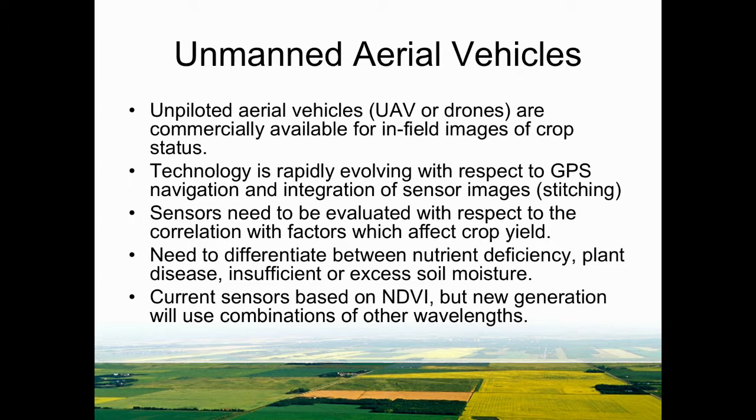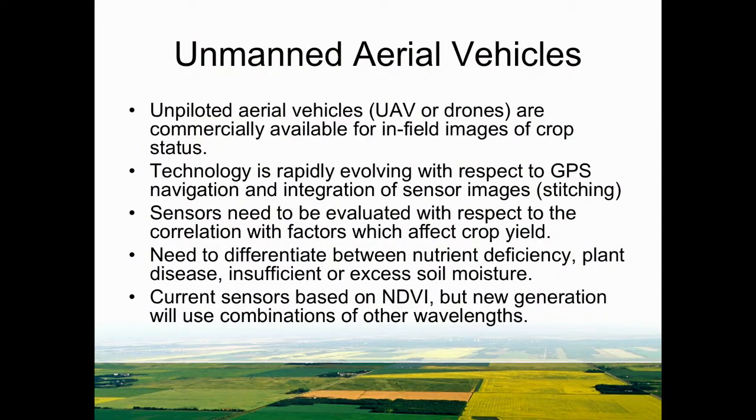The sensors on these unpiloted vehicles, unmanned aerial vehicles, should be evaluated with respect to the correlation with the factors, because many factors have similar effects on the crop canopy. For example, a nitrogen deficiency might be similar to water deficiency, soil moisture deficiency, or some sort of disease in terms of the reflectance of the crop and the sensor reading.